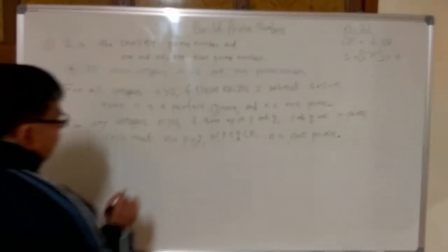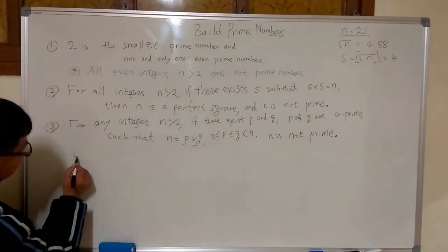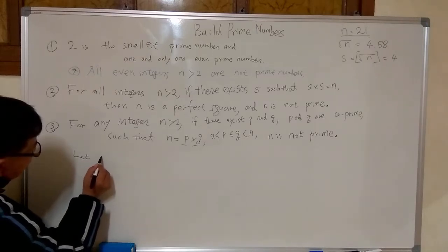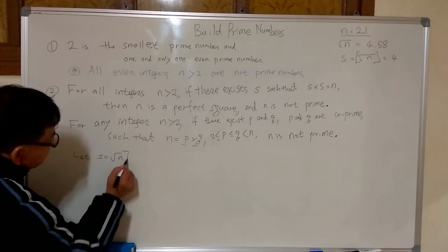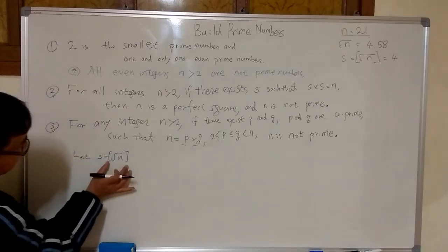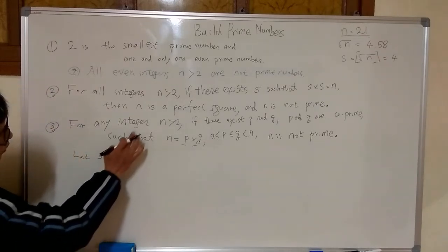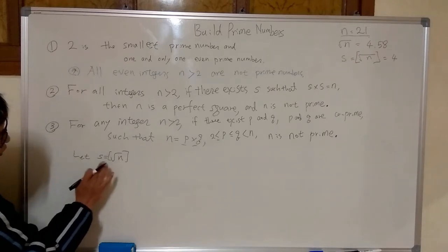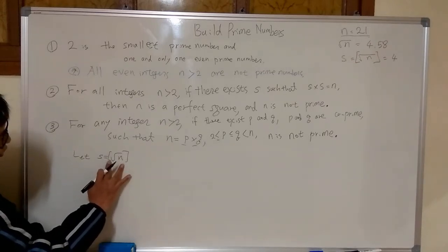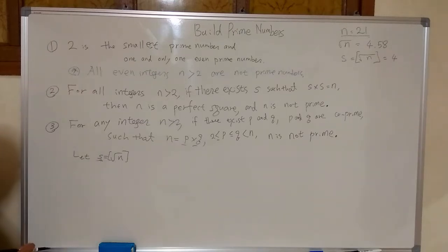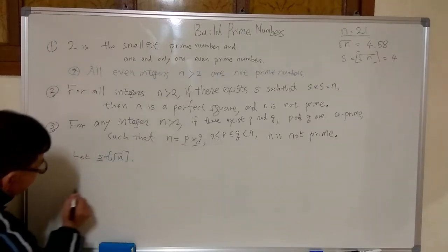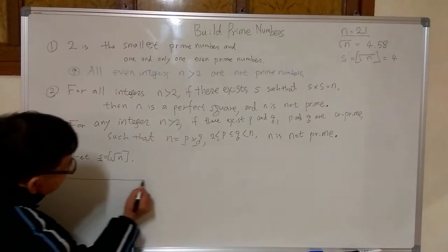In other words, let's say S equals root N with the Gauss symbol, the floor function. We take the Gauss symbol of root N and say let S. Then we can draw the range like this.